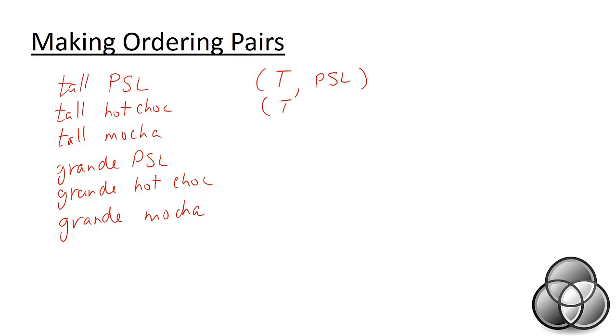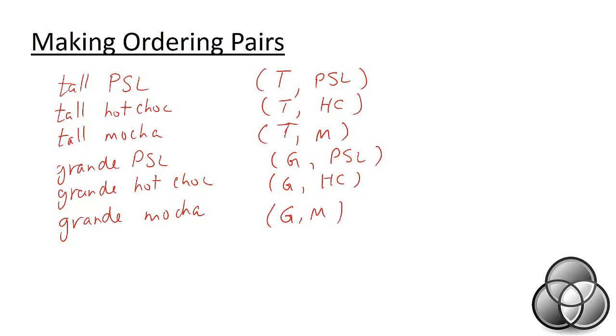Converting all the rest, we have T, HC for hot chocolate, and T, M for mocha. We can use capital G for grande, and then PSL for our pumpkin spice latte. Again, HC for hot chocolate, and M for mocha. So we have 6 possible ordered pairs.